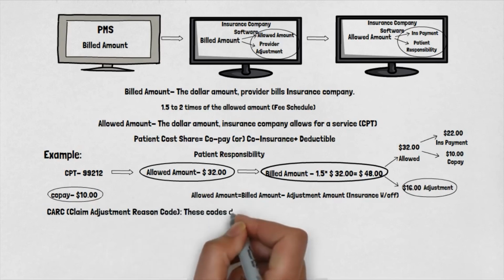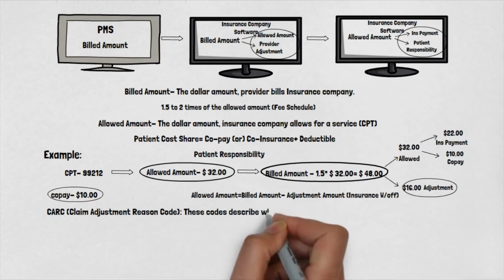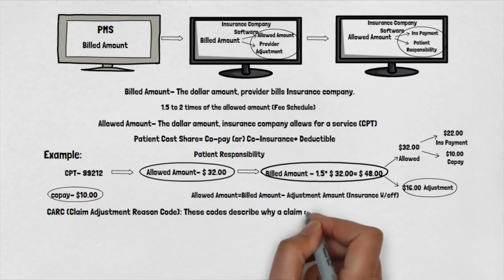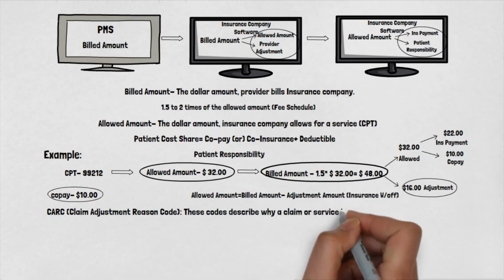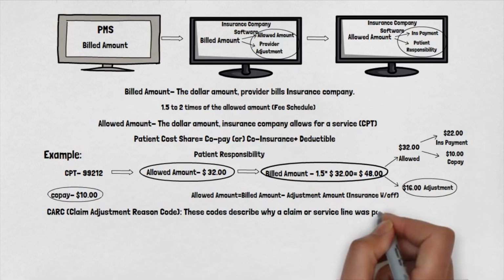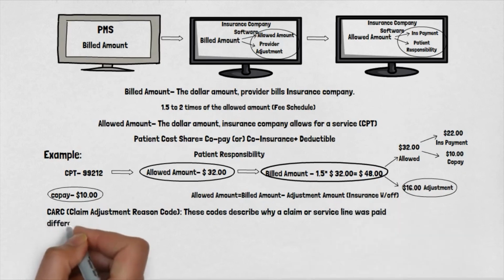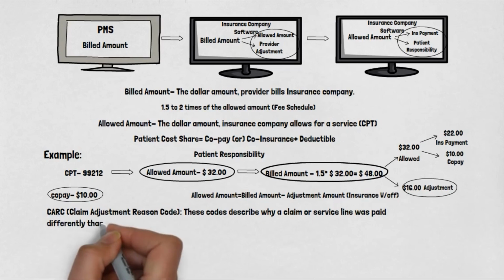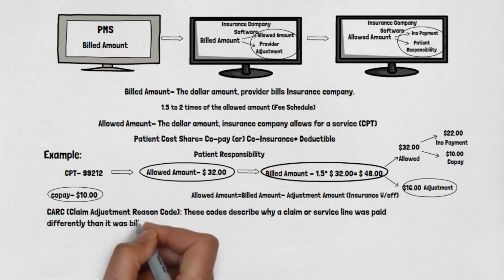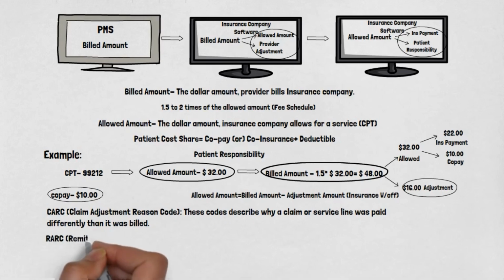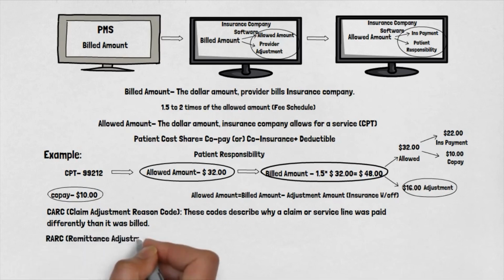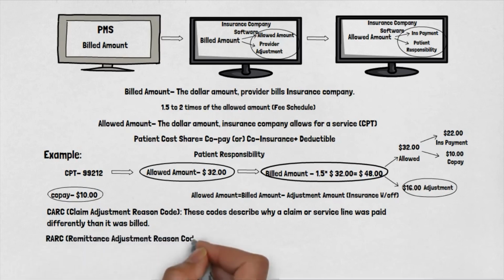Now, whenever there is an adjustment on the claim, the insurance company will mention the reason for the adjustment through CARC, which is Claim Adjustment Reason Code. These codes describe why a claim or service line was paid differently than billed.